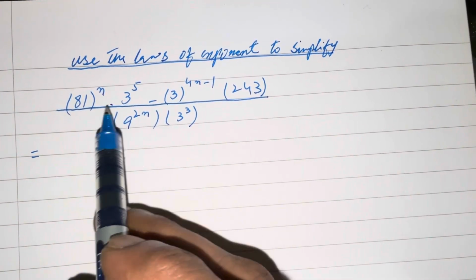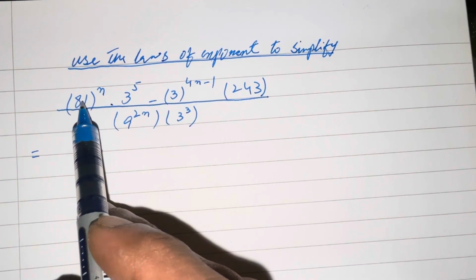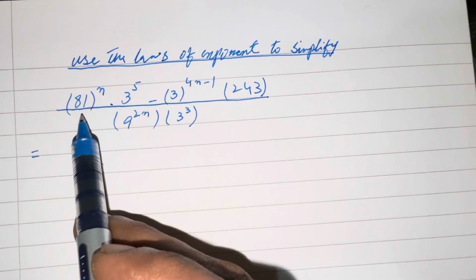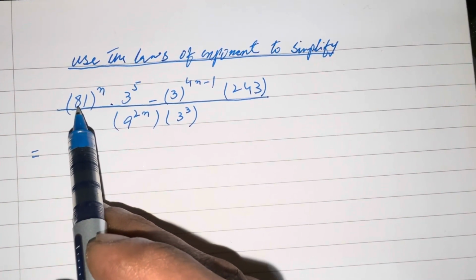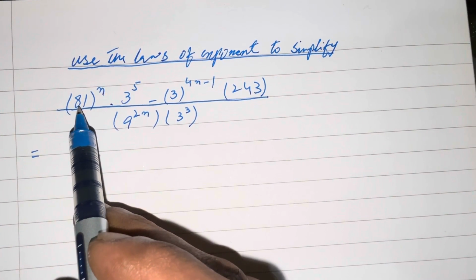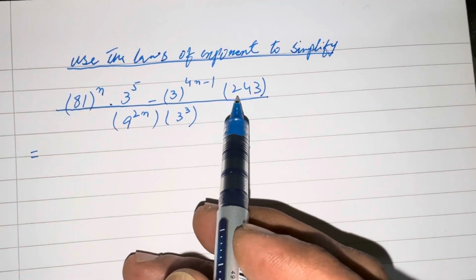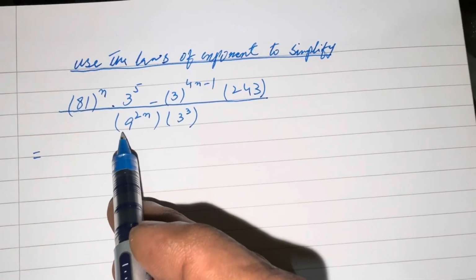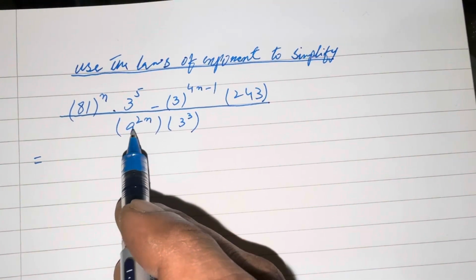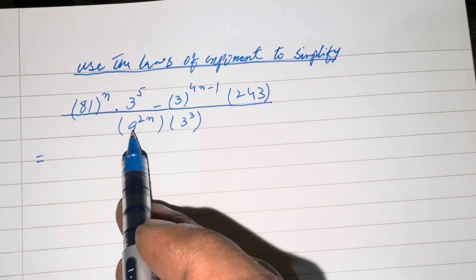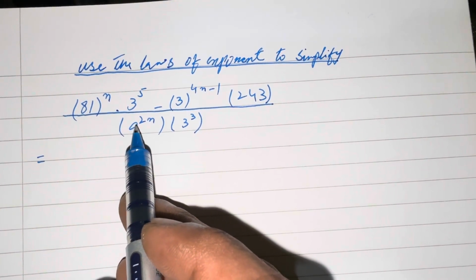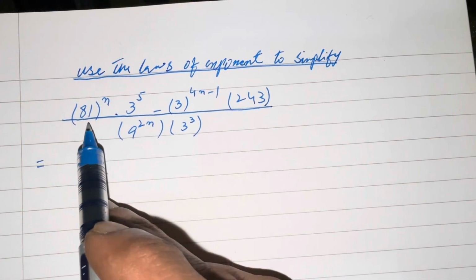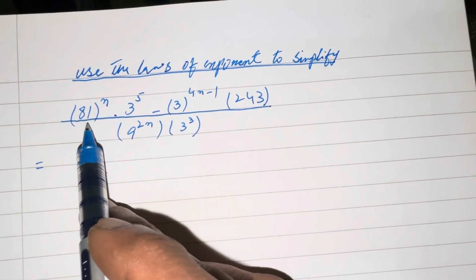The rest of the values are given as 81, 243 and 9. 81 also can be written in the base of 3, 243 also can be written in the base of 3, and 9 can also be written in the base of 3. So the requirement of this question is to change the numbers into base 3.